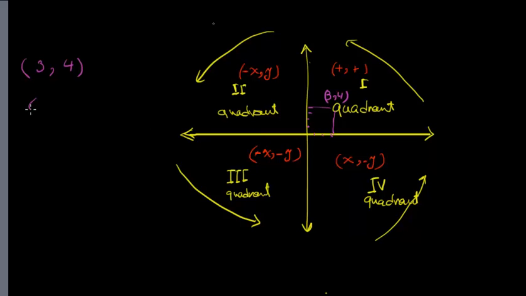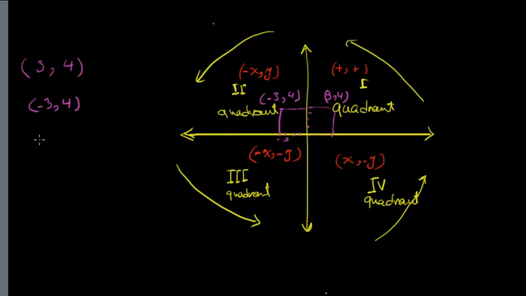Let's say we have -3 and +4. That means -3 has to go toward the left. So 1, 2, 3, this is -3. And then we have 4, which is our y, and it's positive. So we move up, and we can plot our dot. So it's -3 and 4.